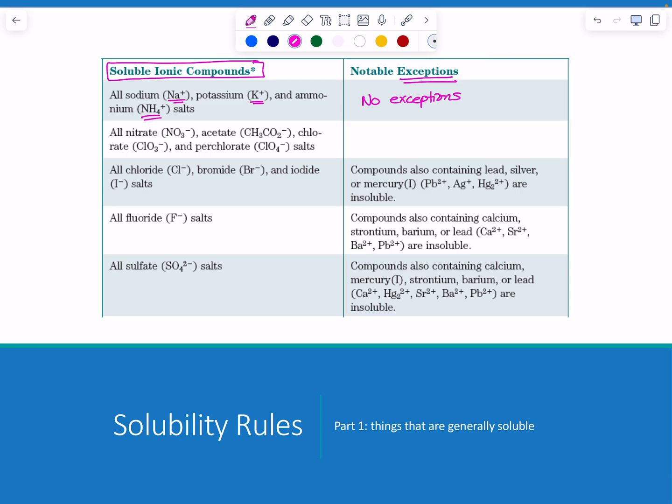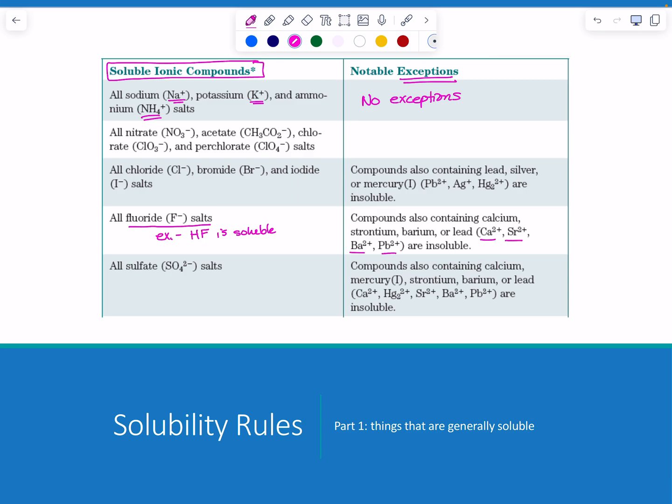So if we go down a little bit and we look at fluoride salts, things that are combined with fluoride ion into an ionic compound, you'll notice that, for example, hydrogen fluoride is soluble. But we have some exceptions. So if we have calcium, strontium, barium, or lead, that is not going to be soluble.